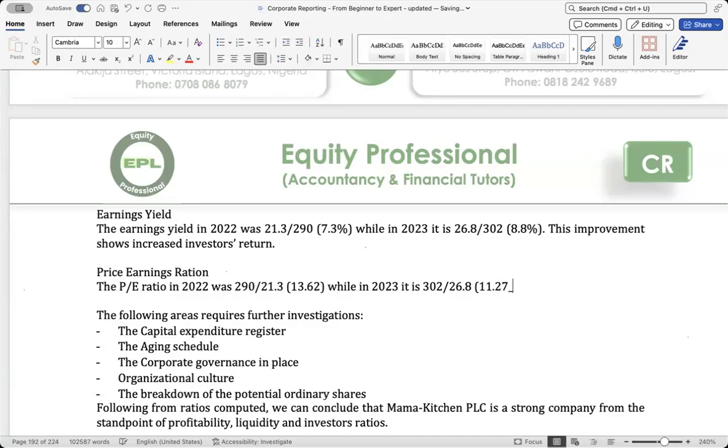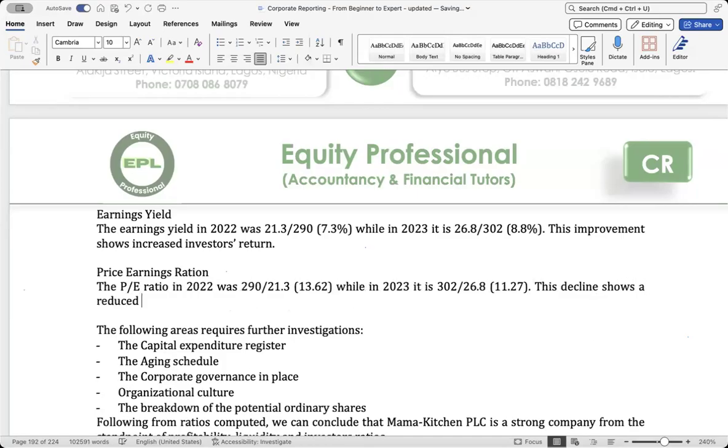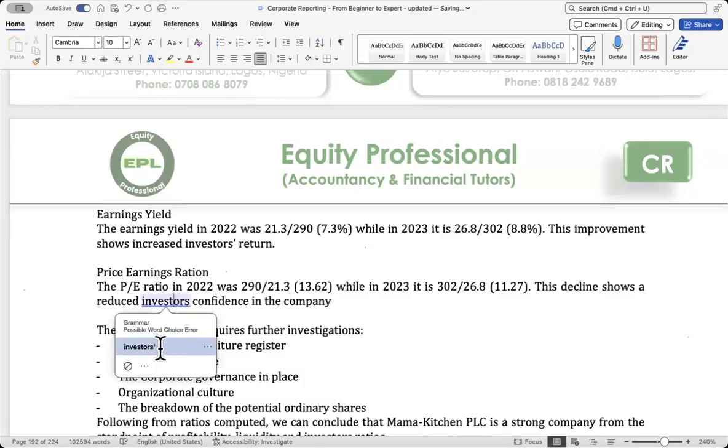So it's declining. This decline shows a reduced investors' confidence in the company. It's doing well now anyway, that's what the ratio is showing. There's nothing we can do.